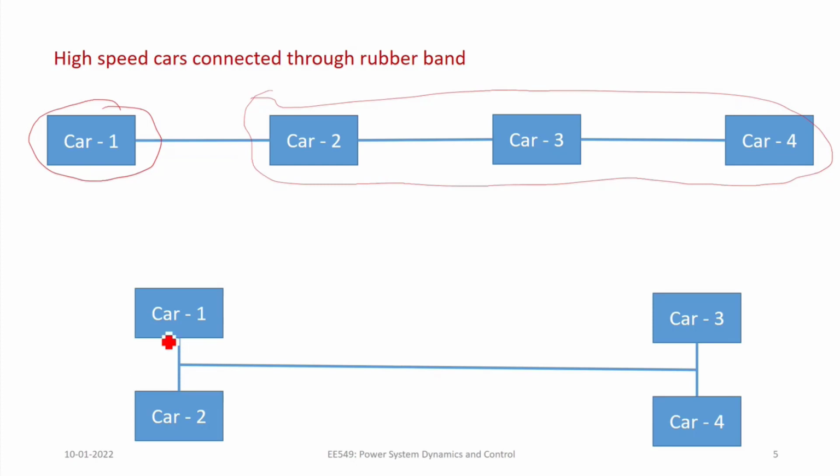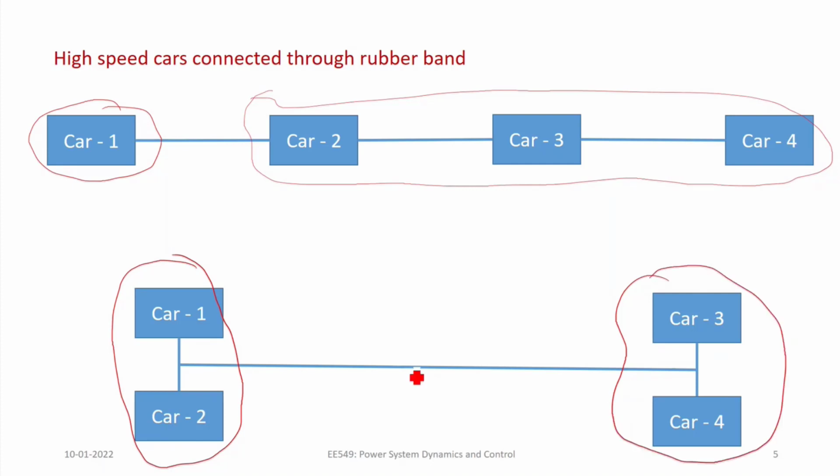another system is shown below. Car 1 and 2 are moving synchronously together, and car 3 and 4 are also moving together. Now with any disturbance, car 1 and 2 will move together with respect to car 3 and 4 together.